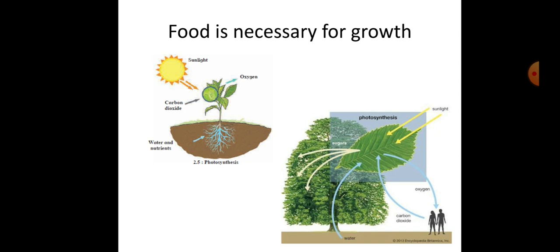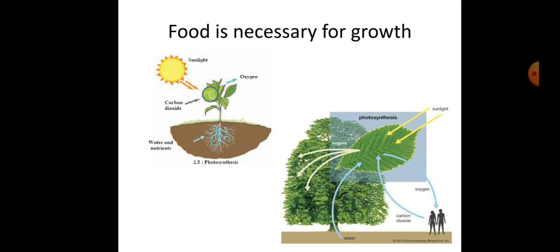Plants are green in color. So plants prepare their food by the process known as photosynthesis. I think you know something about photosynthesis. Photo means light. Synthesis means making, preparation of food.